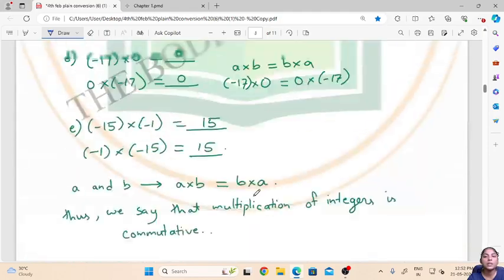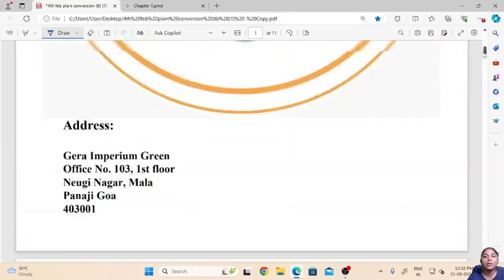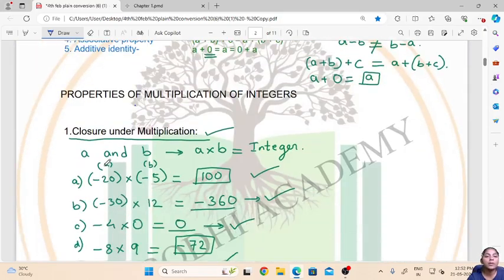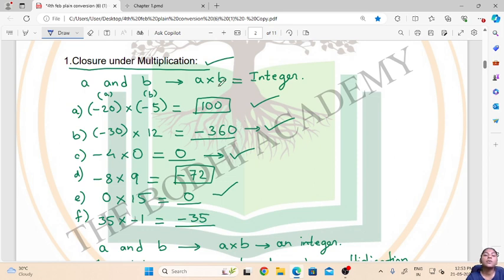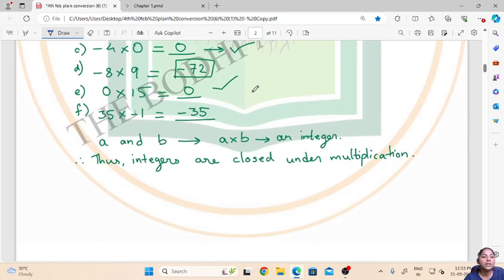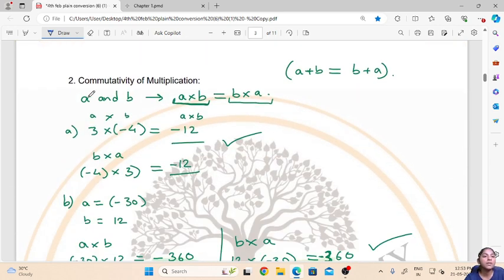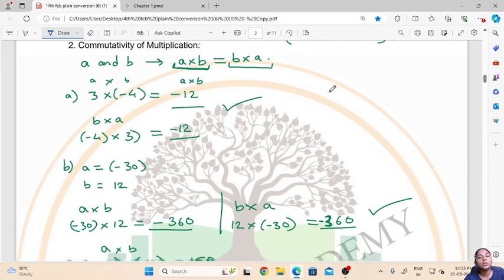In today's class we have learnt about the properties of multiplication of integers. We have seen closure under multiplication, that is for any two integers a and b, the product of these two integers is always an integer. Then we have seen commutativity of multiplication, that is for any two integers a and b, a into b is always equal to b into a.